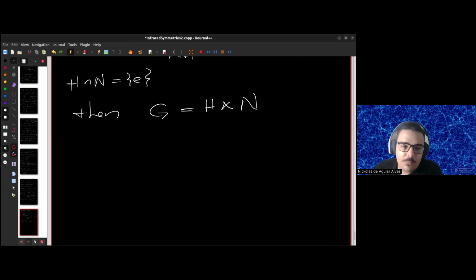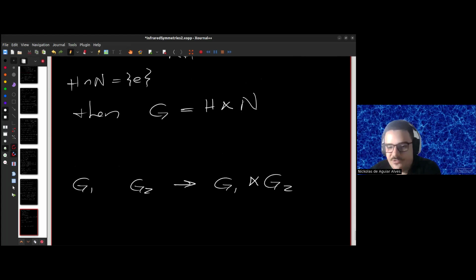You start with a group G1 and a group G2, and you can then define a larger group, G1 times G2, and it will hold that G2 is a normal subgroup of the full group. So you can build larger groups from starting groups and get a more complicated theory.